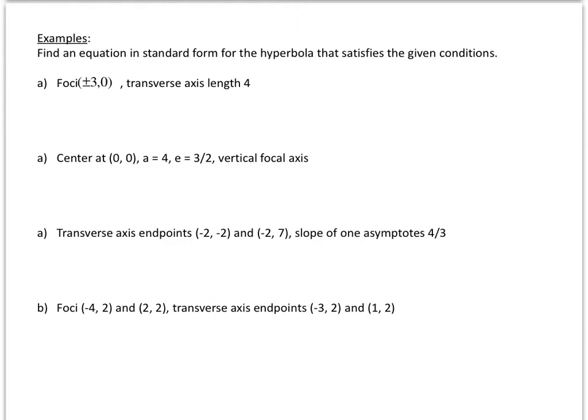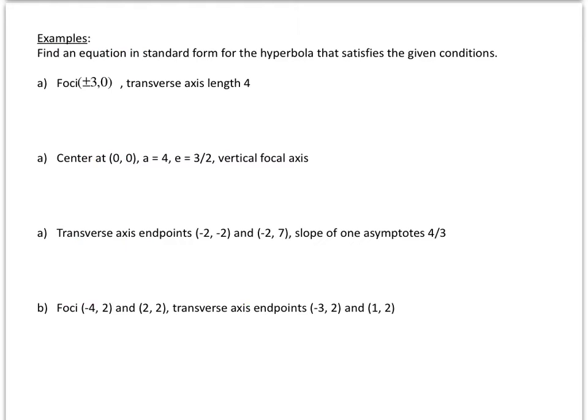Alright, the other big section that we have here is finding an equation in standard form for the hyperbola that satisfies the given condition or conditions. And so part A, it tells us the foci are plus or minus 3, comma 0. So that means that this is going to be centered at 0, 0. Otherwise, it couldn't be plus or minus a number, comma 0. And then the transverse axis length is 4.